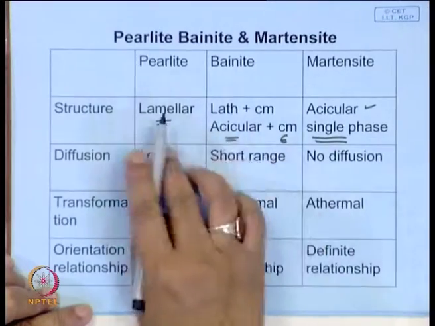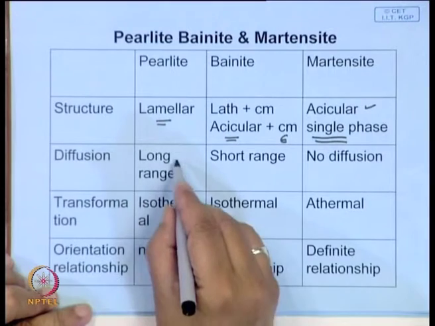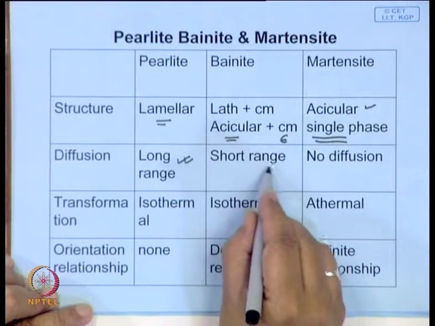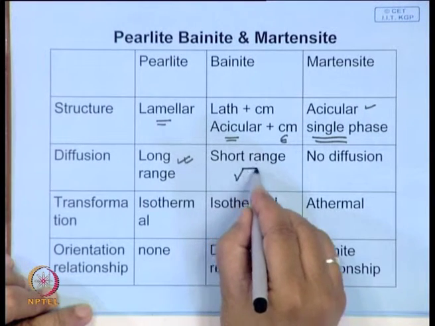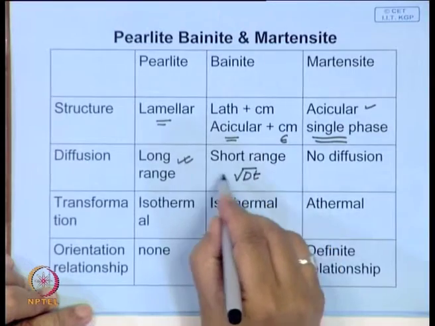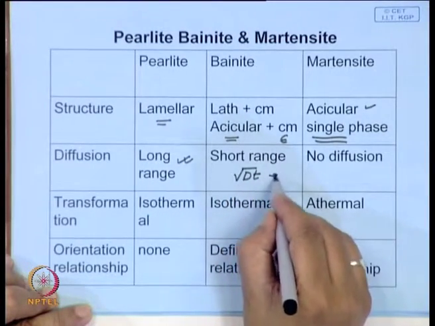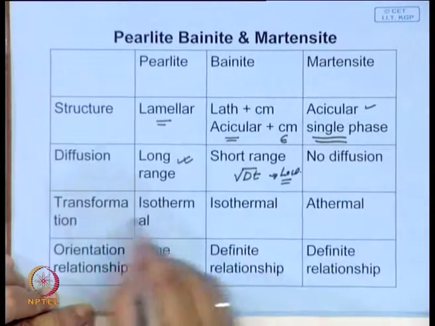Both pearlite and bainite are double phase, two-phase mixtures, but martensite is single phase. In pearlite there is long range diffusion. In bainite also, since precipitate forms, there is diffusion, but the diffusion distance is low. That means root Dt, the length scale through which the carbon moves, is low. In martensite there is no diffusion.